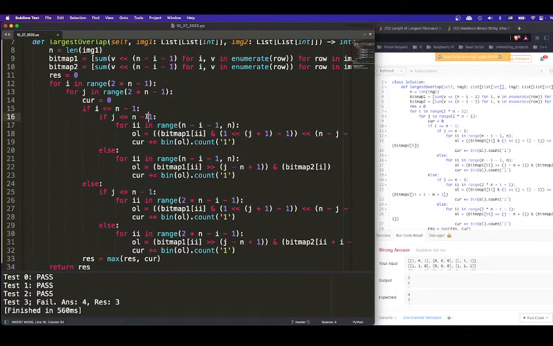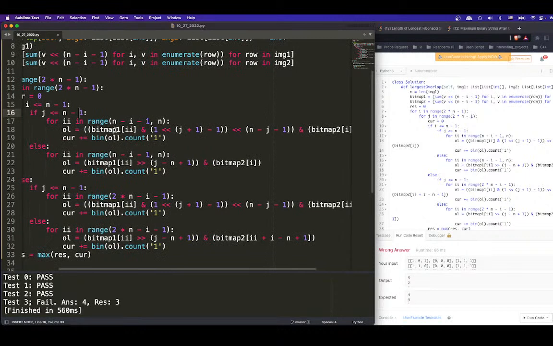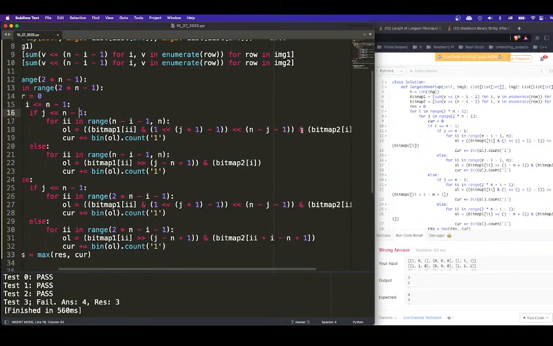It should be happening here. Right, should be happening here. When j and i are both n minus 1, okay, so i is n minus 1 minus n plus 1 be 0, right? i be 0 too, that's true. And bitmap, okay, let's see. So 0, bitmap 1, 0, okay. And then this bitmap 2 is 0. That's true.